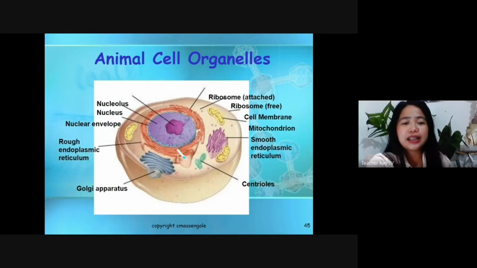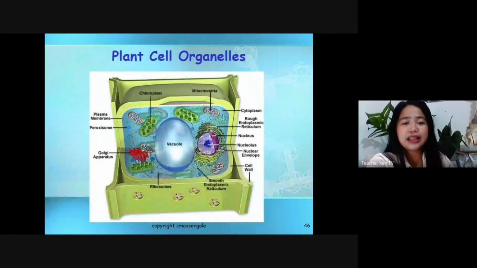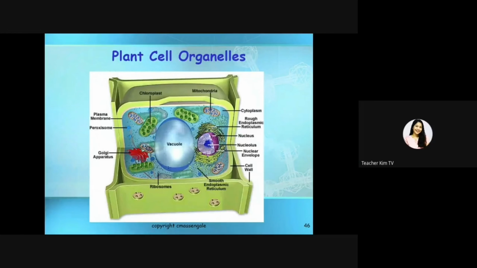And in this one, you can see the plant cell and their organelles. Mapapansin ninyo, magkaiba ang itsura nila. Kita-kita nyo sa size and sa shape. Here, we have the cell wall, and then the cell membrane. We also have the peroxisome, the Golgi apparatus, again, meron.